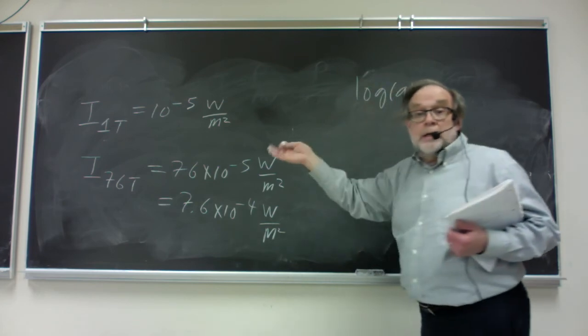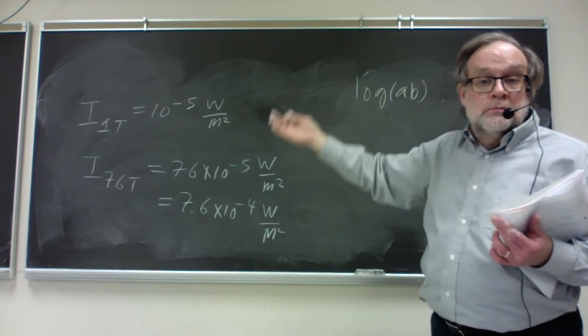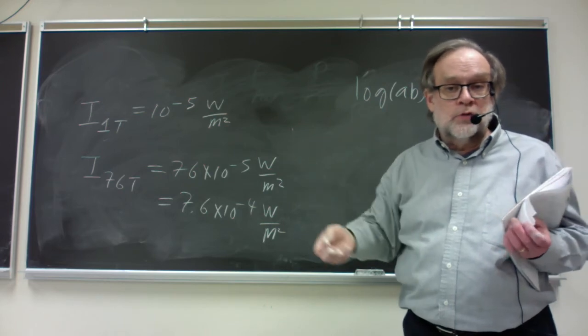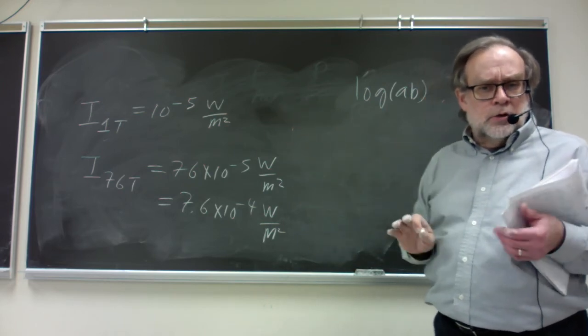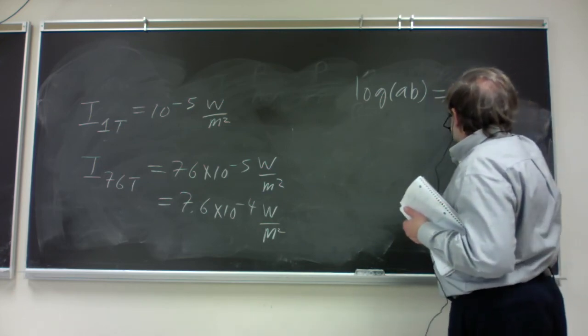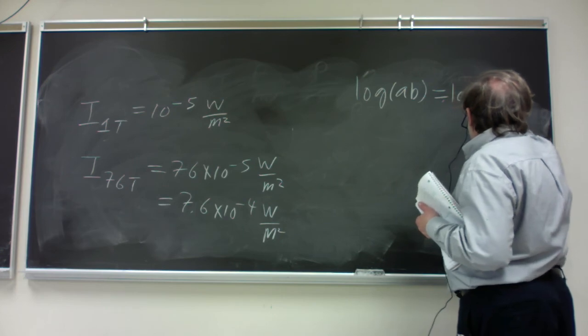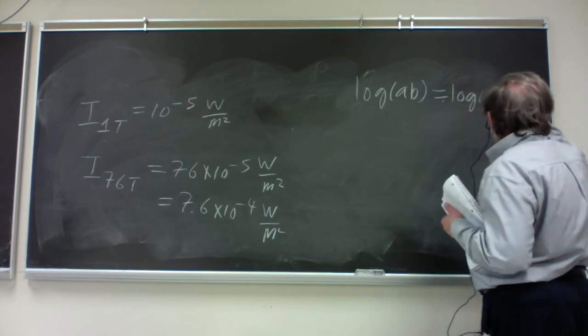For any kind of logarithmic function, whether it's this log function or the natural log function that we saw a few days ago, the same thing is true. Log of a product equals log of one factor plus log of the second factor.